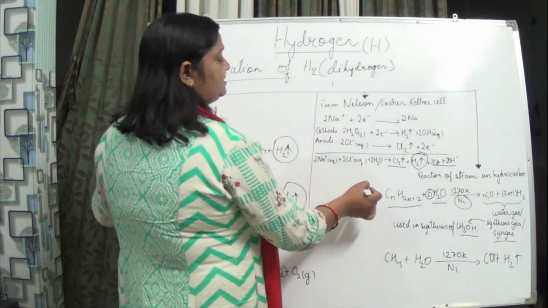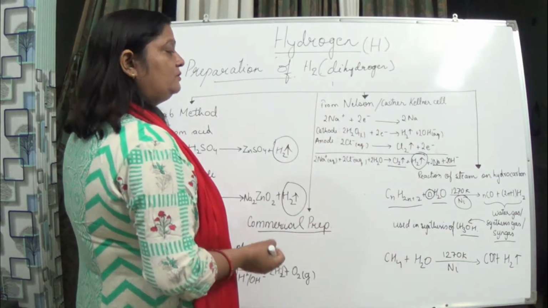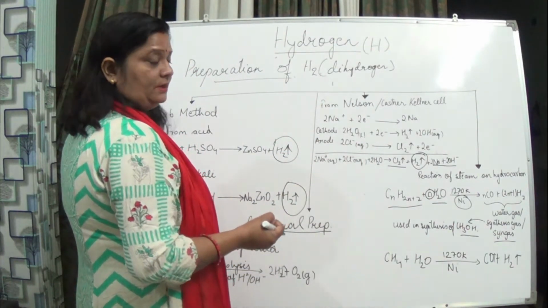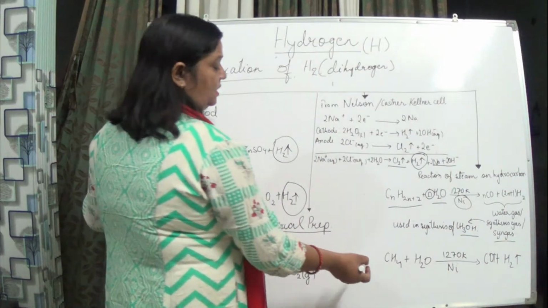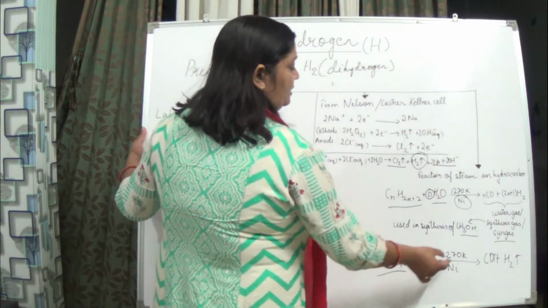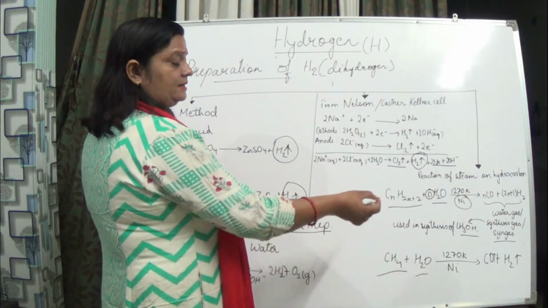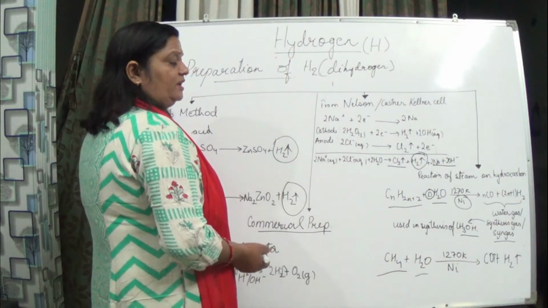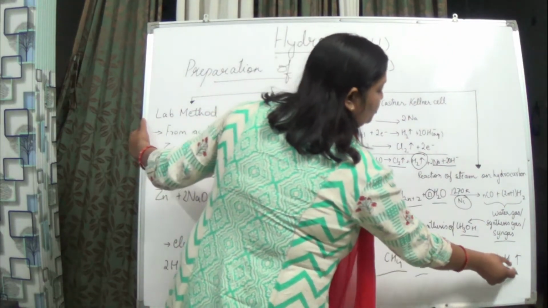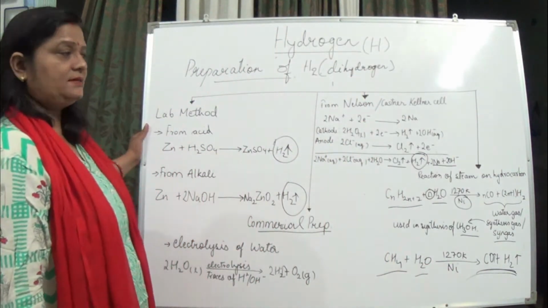Here we have seen a general equation for the preparation of hydrogen by steam on hydrocarbon. Now we take a specific reaction: if we take methane and add water to it, at temperature 1270 Kelvin and with the catalyst nickel, we get CO plus H2, which is commonly known as water gas.